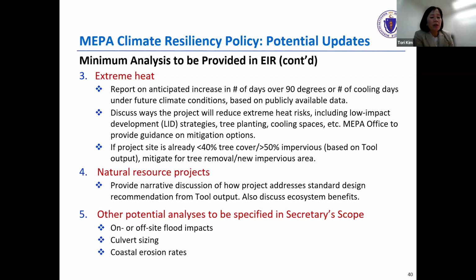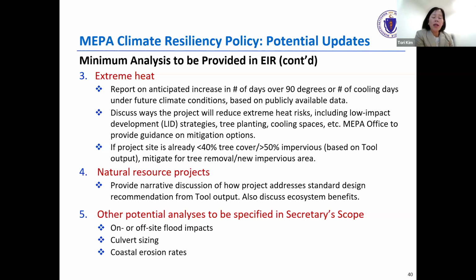The last bullet here is that we're also looking at some additional measures. The tool output provides some information on the existing conditions, for example, if existing conditions are over 50% impervious or under 40% tree cover. So for those projects that appear to already, based on existing conditions, have some elevated risk, we would ask for some additional consideration of mitigation for things like tree removal or the additional impervious area.